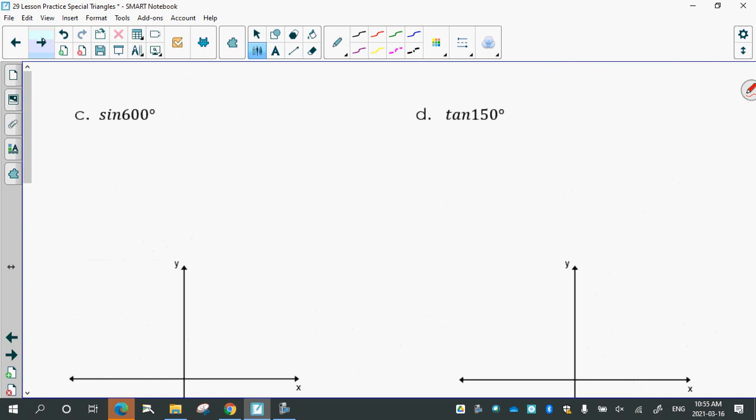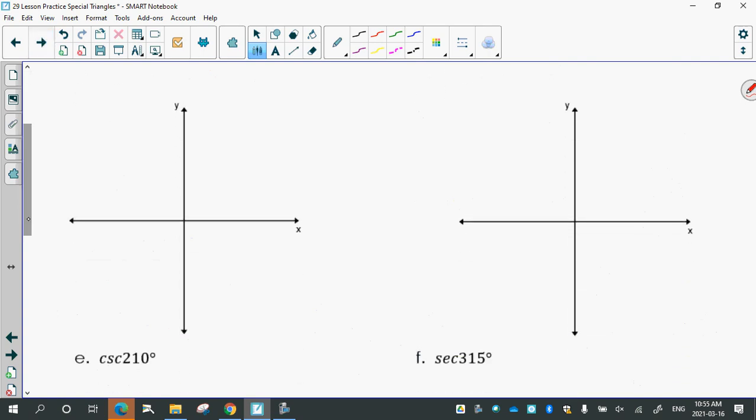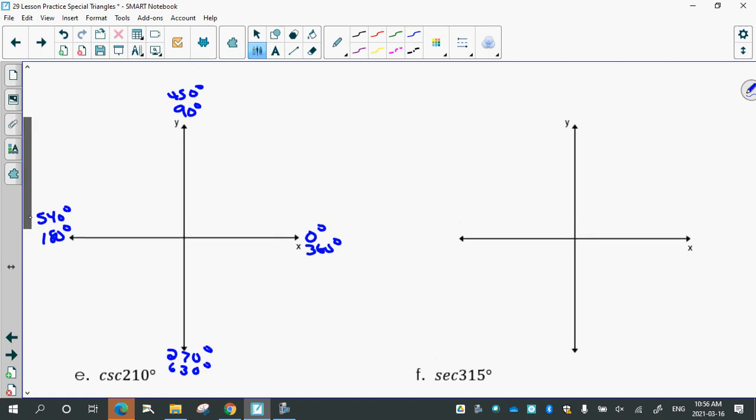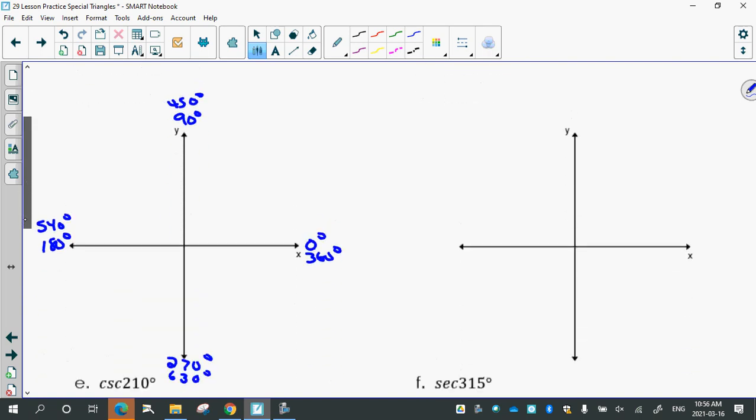Sine of 600. Okay, so I know it's going to be in the third quadrant because it's 600.